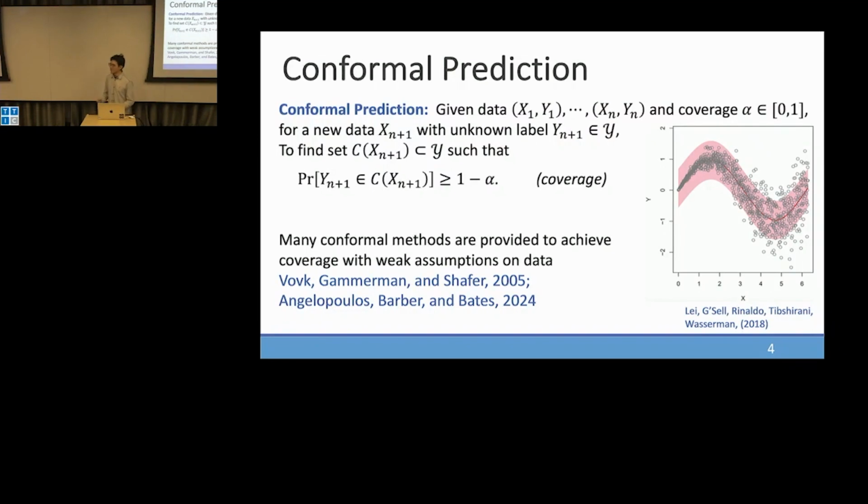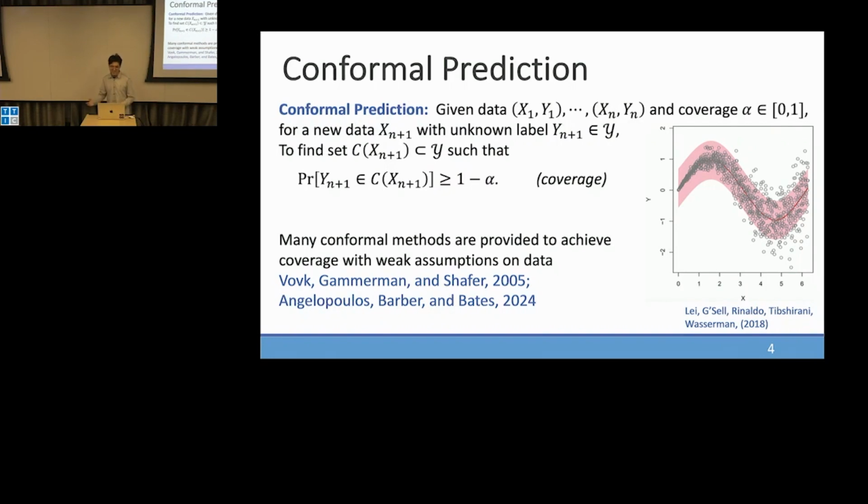Our goal is not just to predict one value, but to find a confidence set in the Y space such that the new data point's label will fall in this confidence set with probability higher than 1 minus alpha, which is the coverage level. This is the conformal prediction task we want to solve.